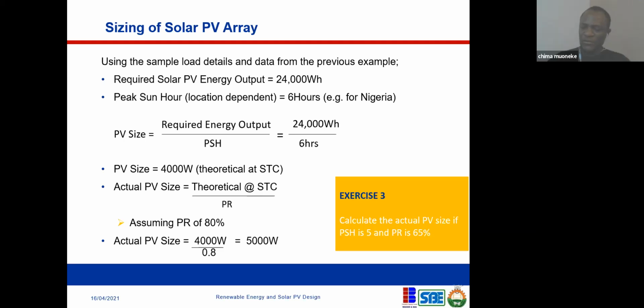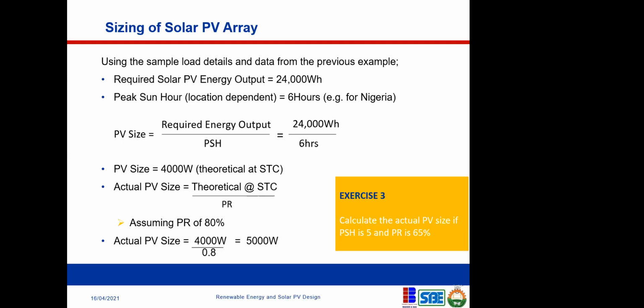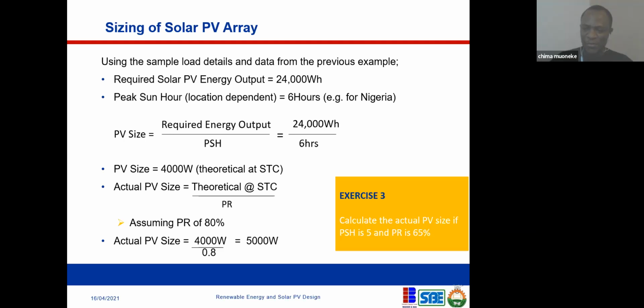Okay, now, I said this yesterday, so let me elaborate further on series and parallel connection. If you connect PV modules in series, you will increase your voltage. If you have 12 volts, the output voltage will be 24 volts.